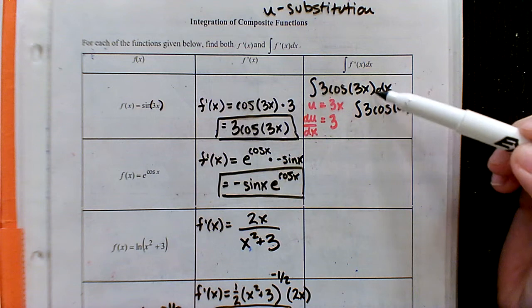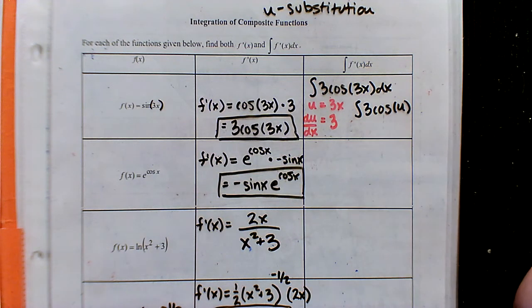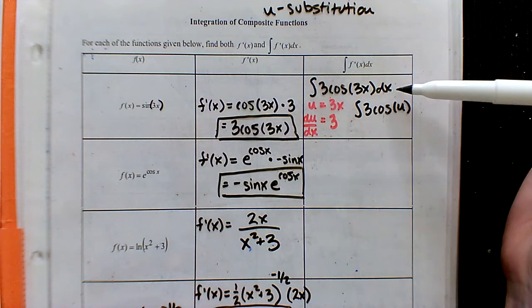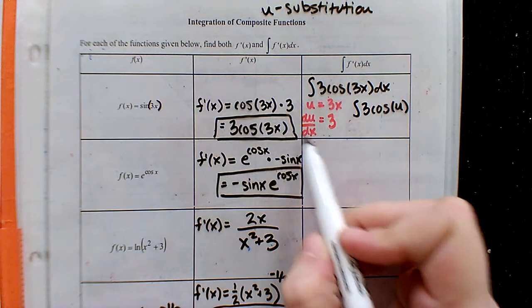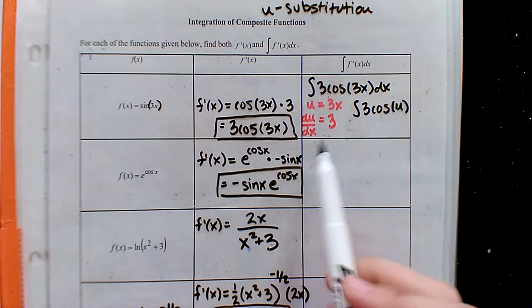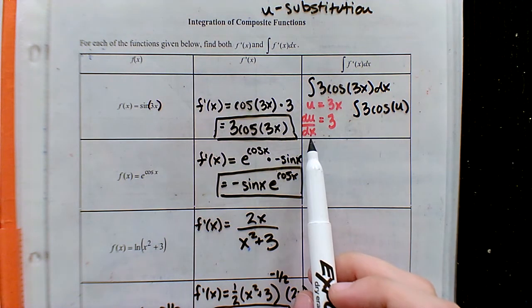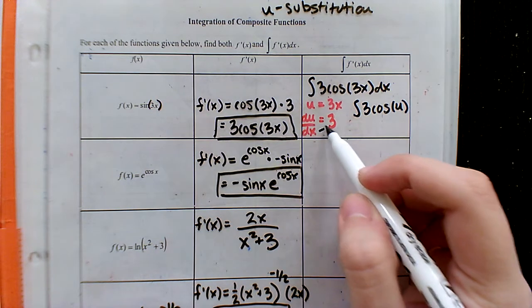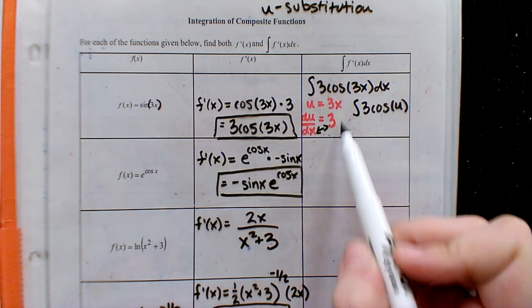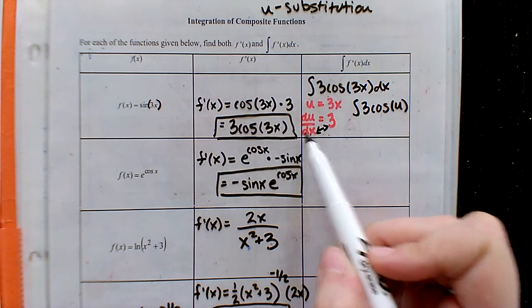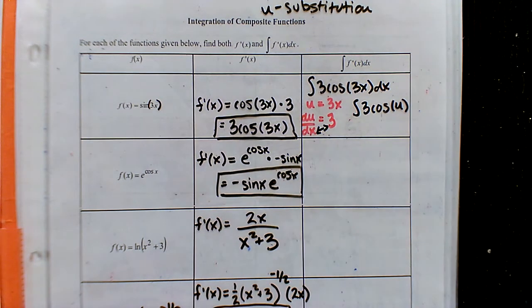Now what we're going to do is rewrite the dx on the end. Because what we're trying to do here is change a complicated integral with x's into an easier integral with u's. This is where the derivative equation is going to come in. So if you were to solve this for dx, you would basically have to switch the dx and the 3. You would multiply the dx over, and then you would divide by the 3. Can we visualize that without me having to write it down?